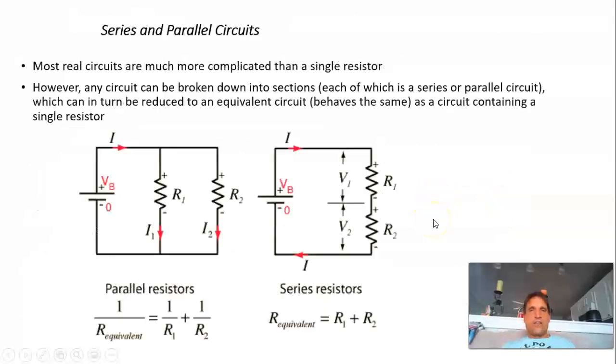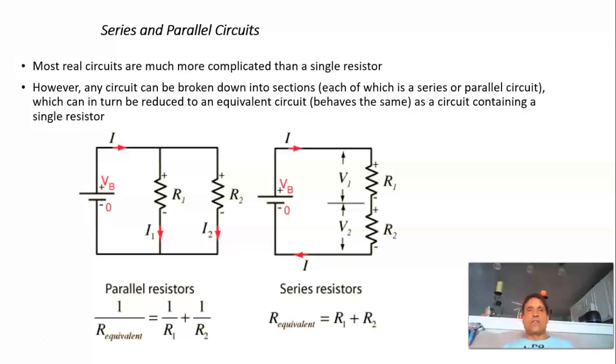The answer is that most real circuits are much more complicated than a single resistor. True. But any circuit can be broken down into sections, each of which is either series or parallel. And for each of these sections, we can model the circuit as a circuit containing a single resistor.